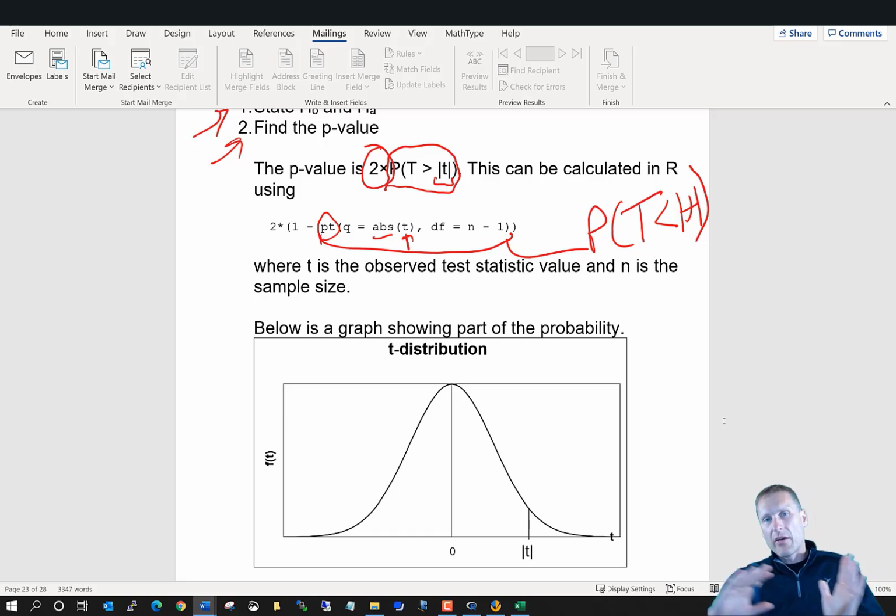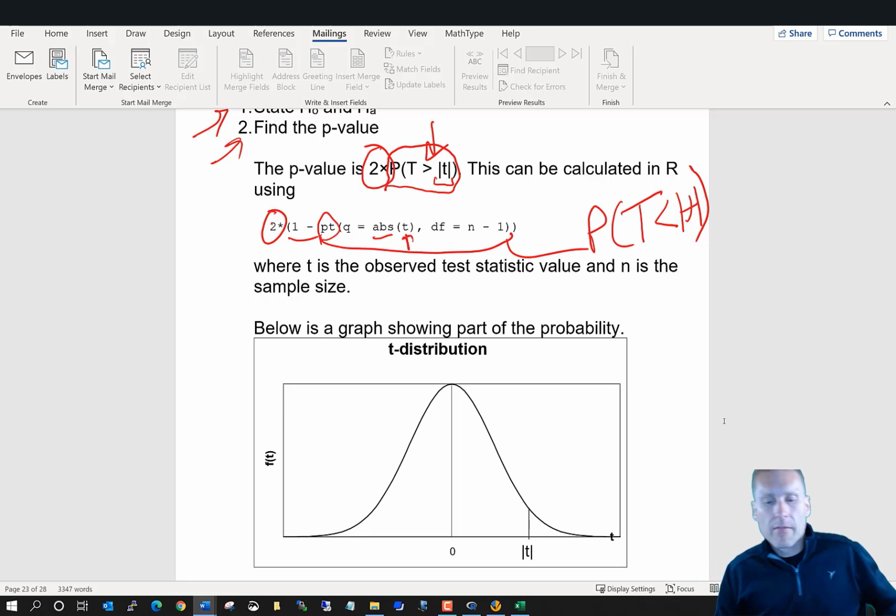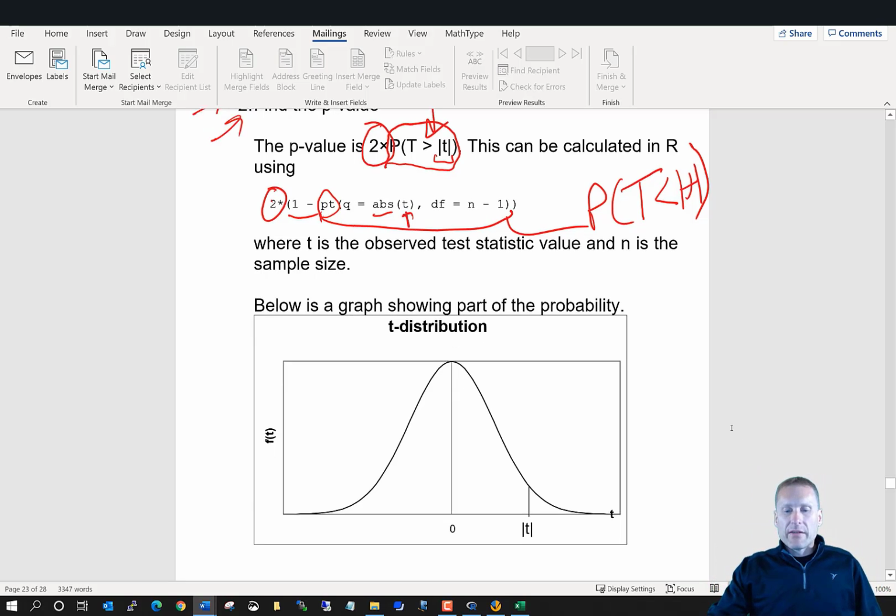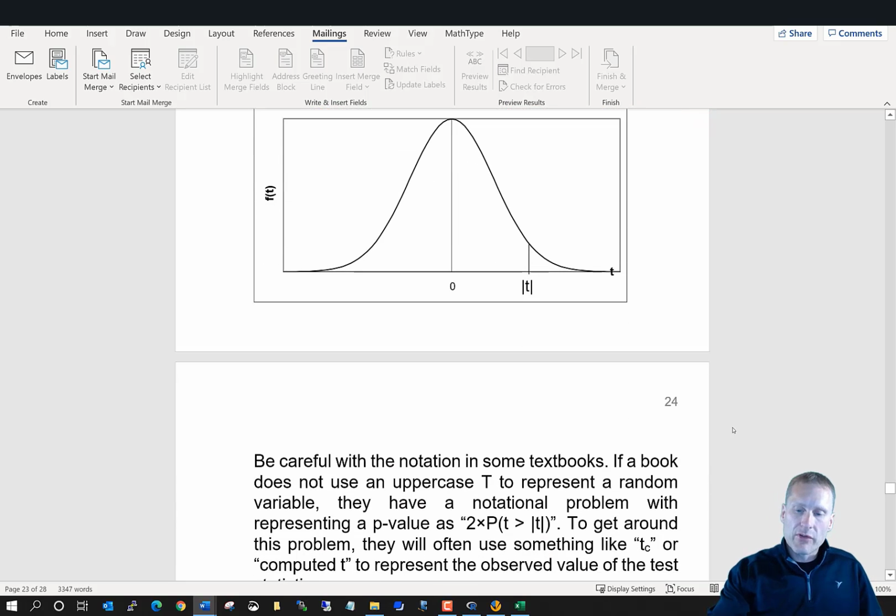If I actually want an area to the right, as denoted by that greater than sign there, I use the complement, so I work with 1 minus, and then I multiply it by 2. Okay, so here's a plot of basically what we're doing here, and we're just simply trying to find this area right there. You multiply it by 2.